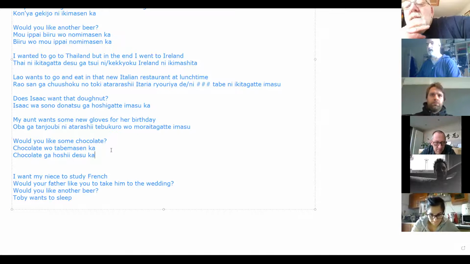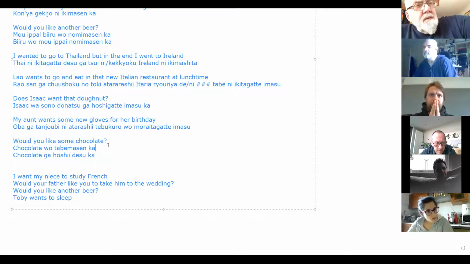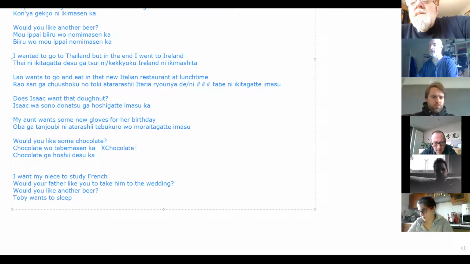I thought they were interchangeable. So let me set the rules here. What you can't say is chocolate o tabetai desu ka. But you can say hoshii desu ka. This is usable for second person.